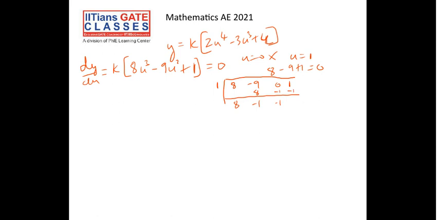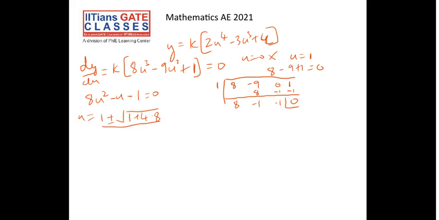So we get 8. 8 minus 9 is minus 1. 1 into minus 1 is minus 1. 0 plus minus 1 is minus 1. This comes to minus 1 and this is 0. So we get 8u square minus u minus 1 is equal to 0.